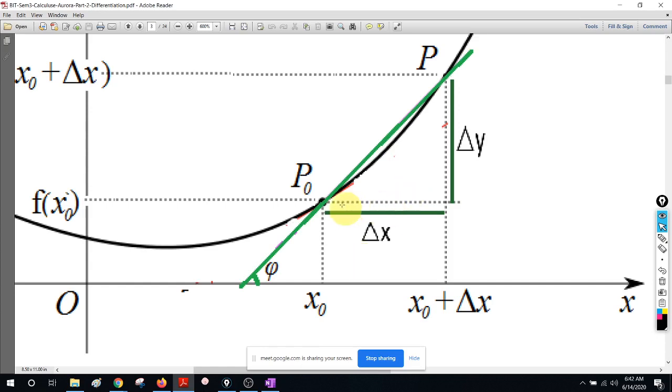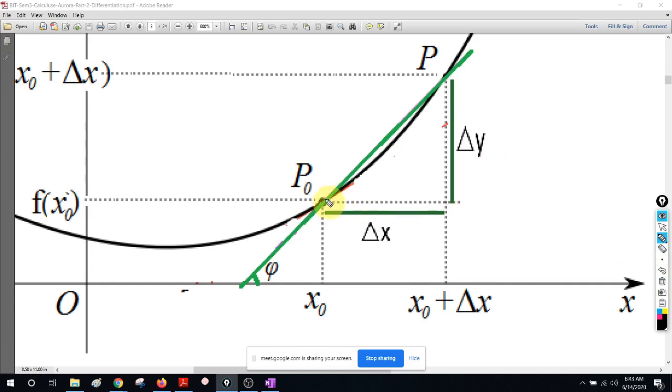Now you can see the gradient of this green line is not the same as the gradient of the tangent at P naught. The tangent is going to be something like this. Of course, it has to touch it, but you can see this gradient and this gradient are different, though somewhat closer.